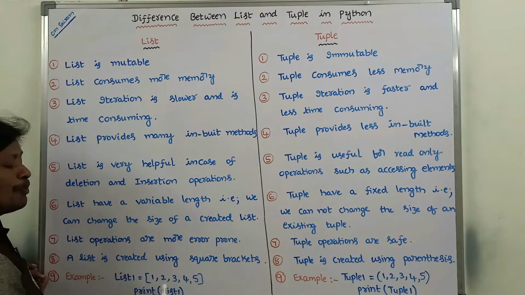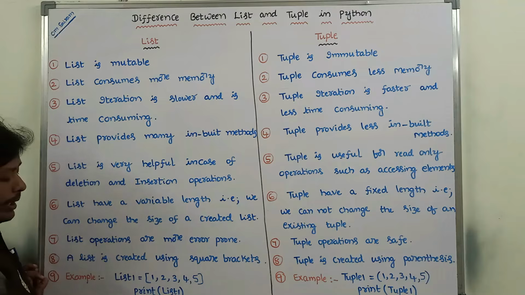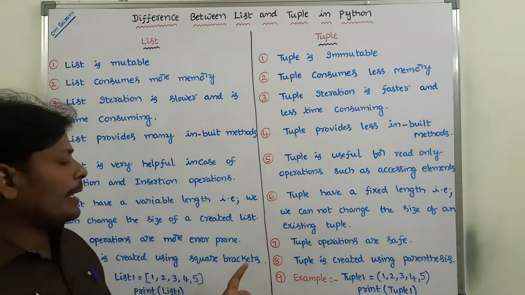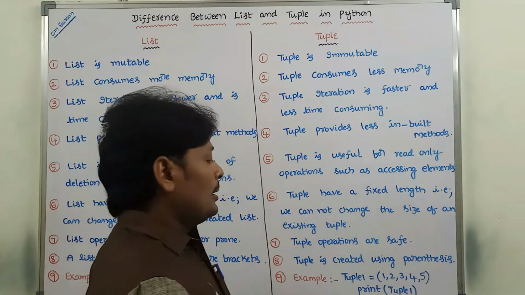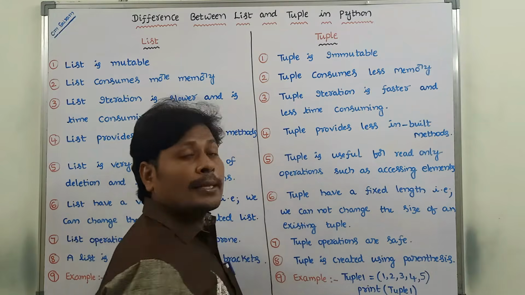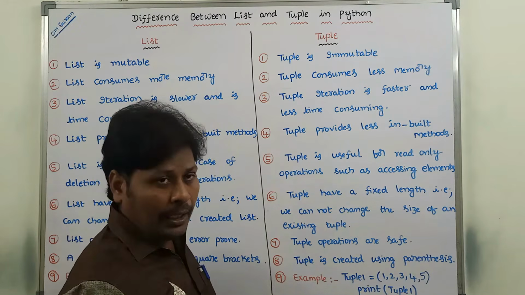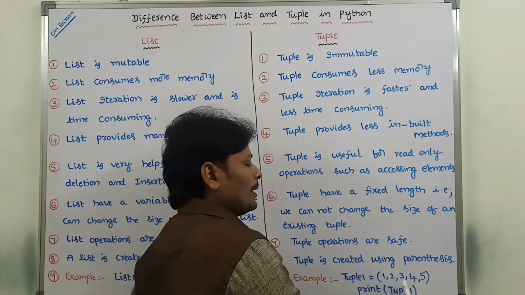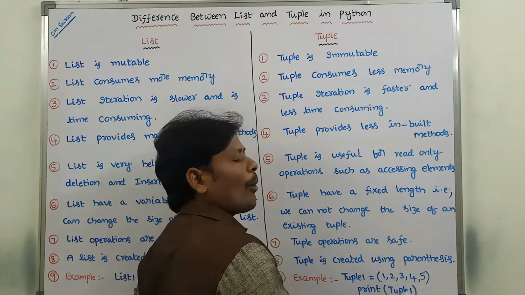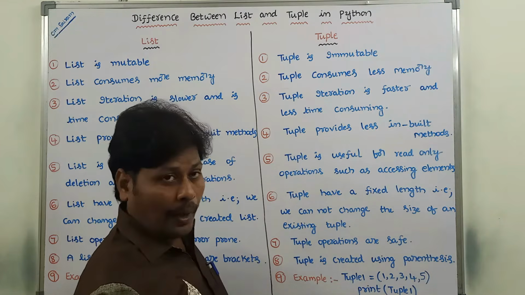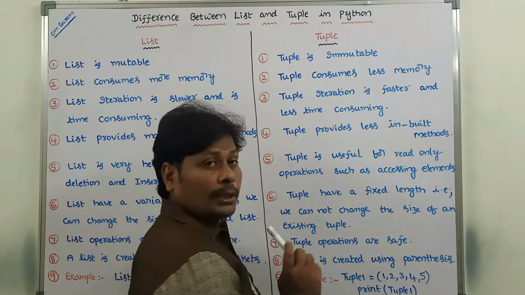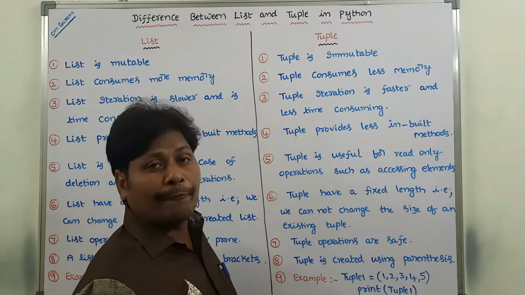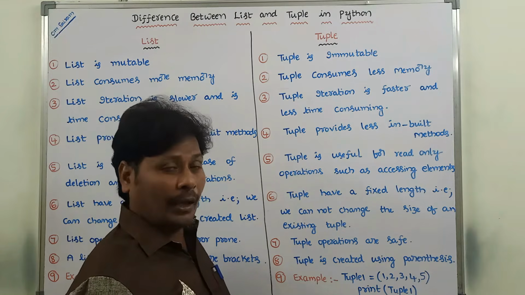Suppose we want to print this list. Here we have to write print of list1. Whereas in the case of tuple, we have to use parentheses to create the tuple. The example is tuple1 equals, within the parentheses, the data objects separated by commas. Tuple1 is the tuple name and the data objects are 1, 2, 3, 4, 5 separated by commas.